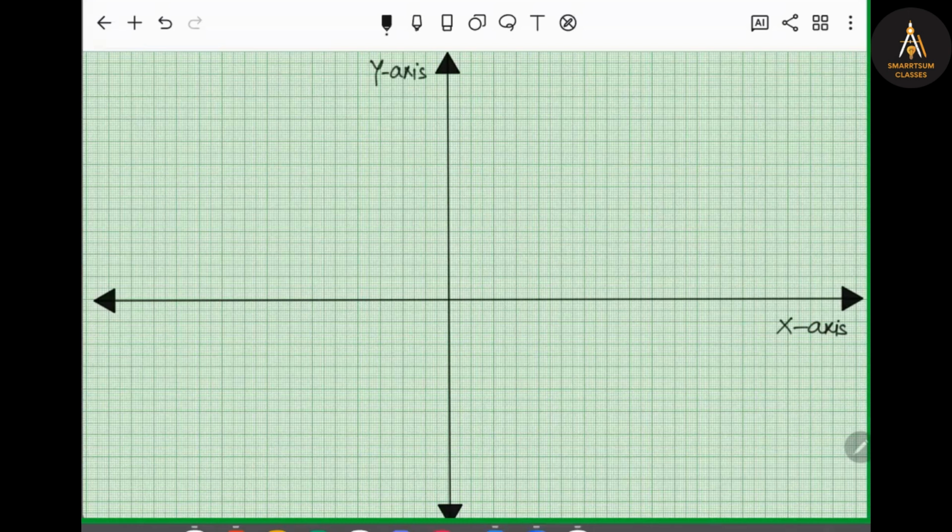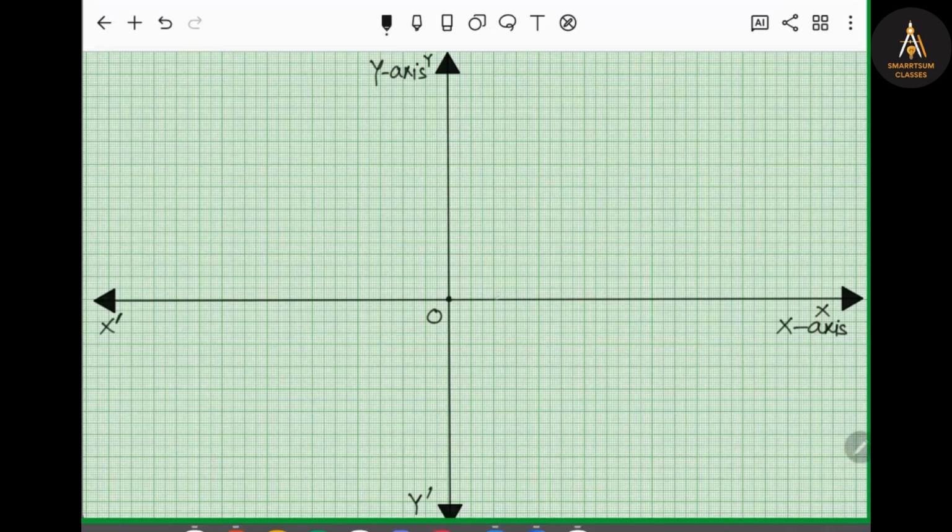This is your origin, the point of intersection of the two axes. So this is x, O, x dash. Similarly, y, O, y dash. First, mark the values. While writing the values, you have to take the scale. Guys, look at the screen.